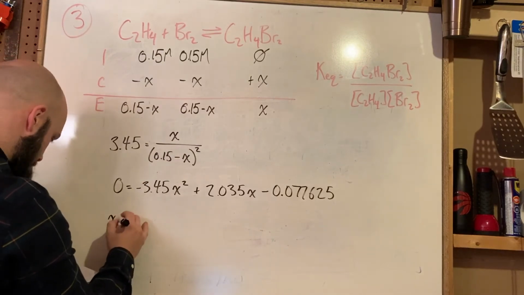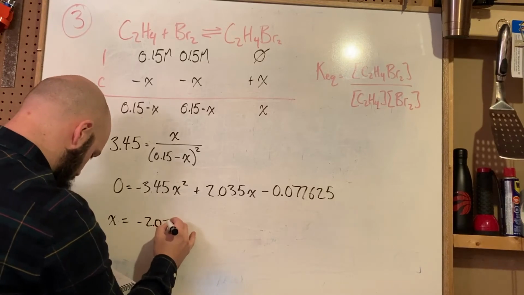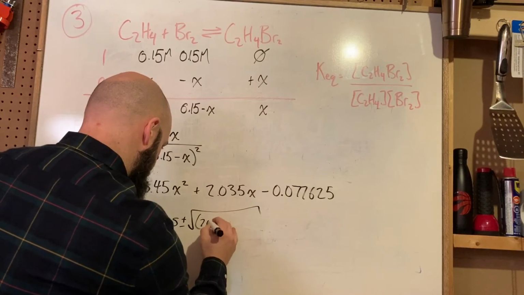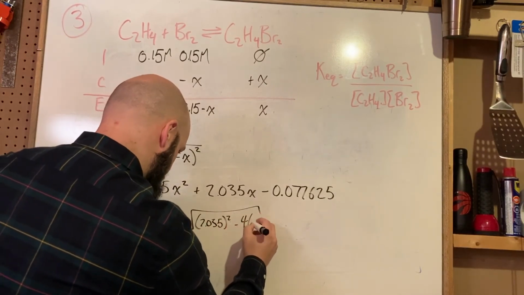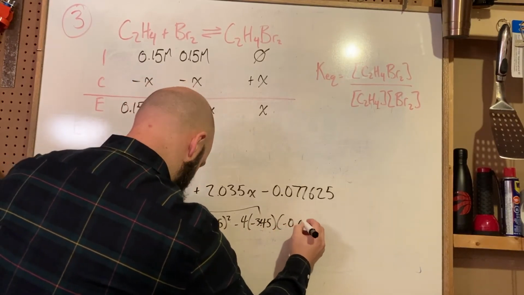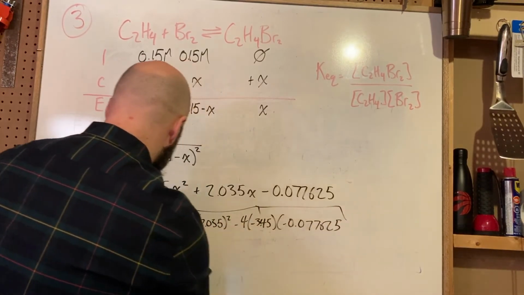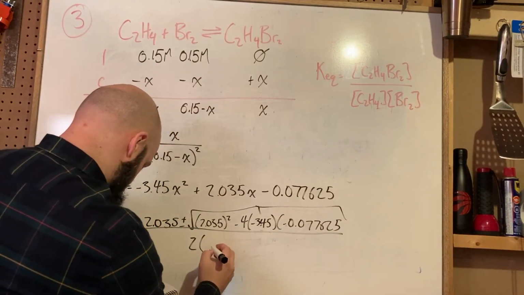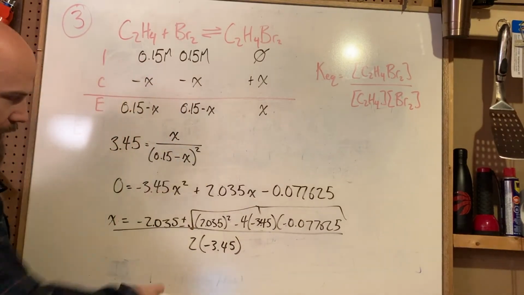So plugging it in, you're going to get that x equals negative 2.035 plus or minus the square root of 2.035 squared minus 4 times negative 3.45 times negative 0.077625 all over 2 times negative 3.45. Okay, that's our quadratic formula.